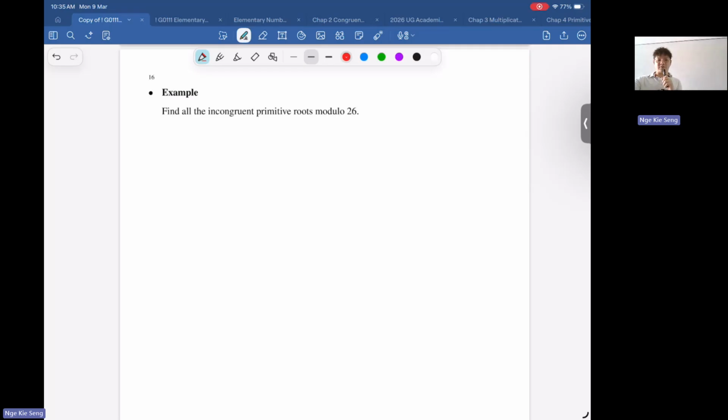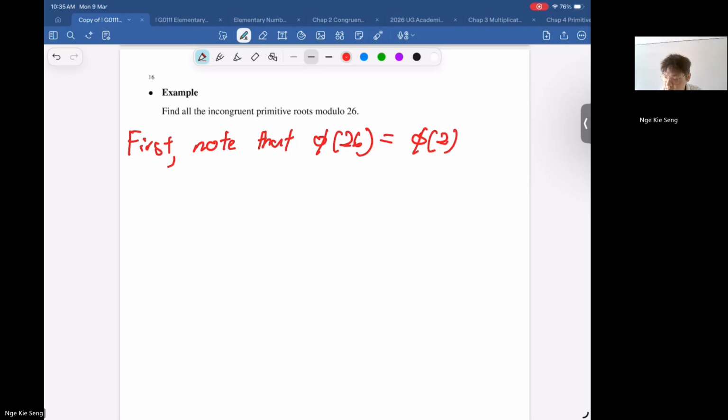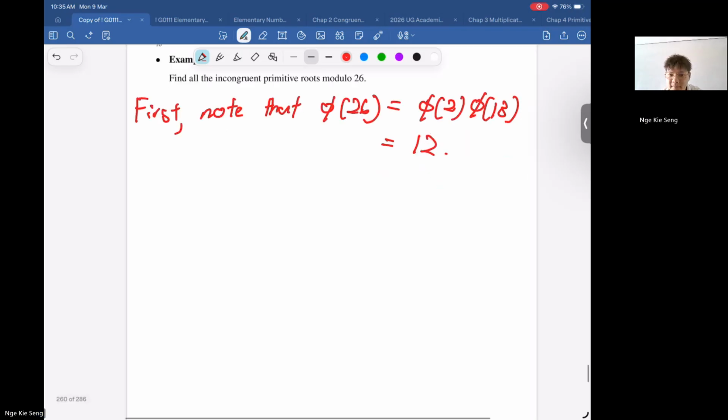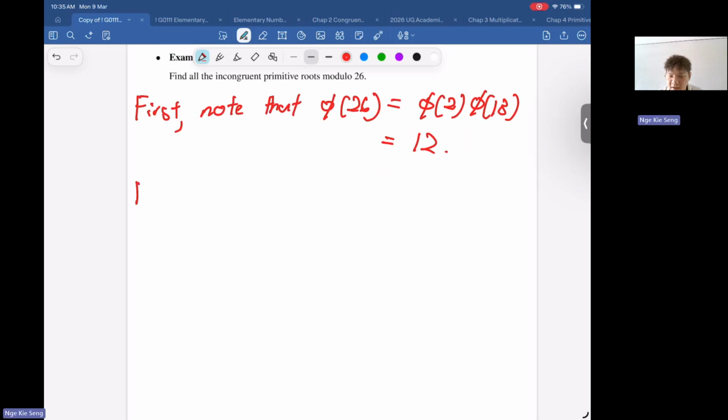These are the two things you need to check. Now φ(26) is φ(2) times φ(13), which is 12. And then what are the candidates you can take up to 26?